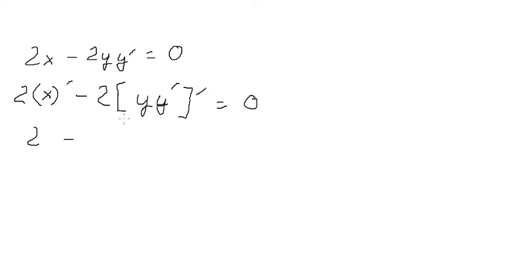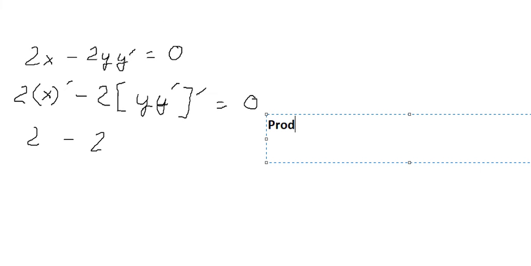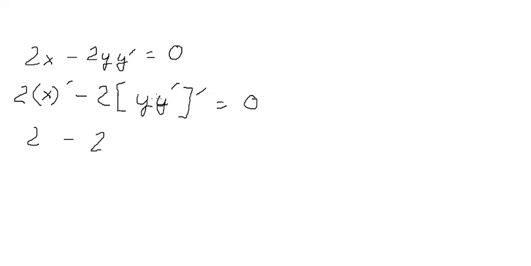In this one, we need to apply the product rule of derivative. That means we need to do the first derivative of y multiplied by the first derivative of y, plus we do the first derivative of y multiplied by y.